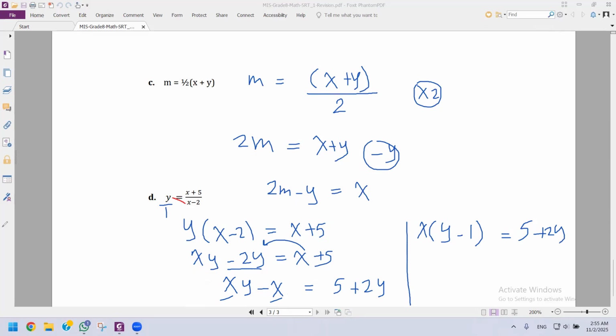Now check, what do I have next to x? I have times y minus 1. So what do I do? I divide by y minus 1. So it will be like this. 5 plus 2y divided by y minus 1 is equal to x.